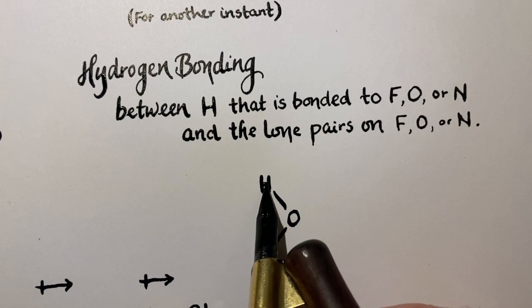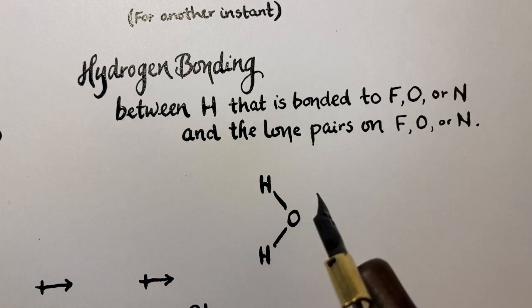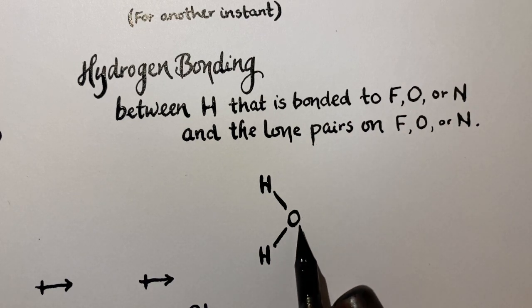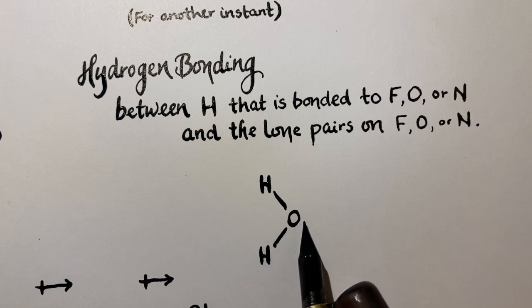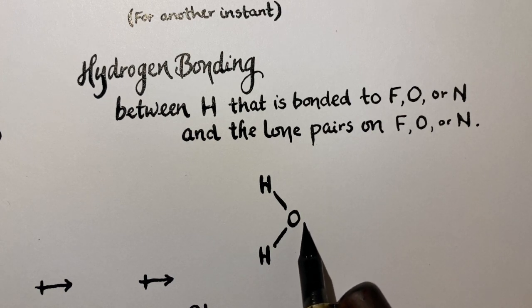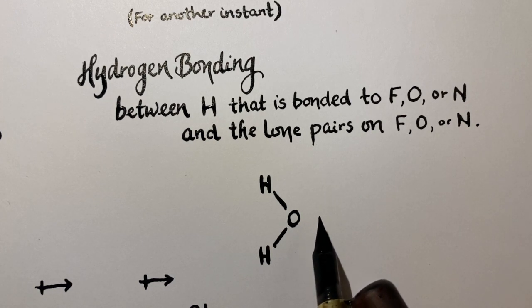Okay. So I talked about the electronegativity of oxygen being quite high. It is second only to fluorine, fluorine being the most electronegative element on the periodic table.